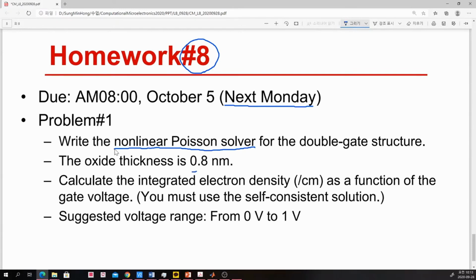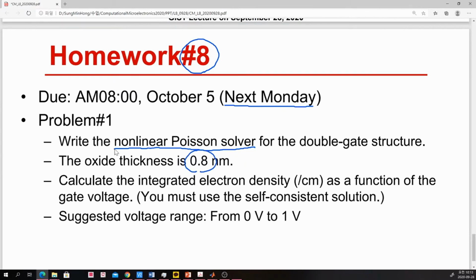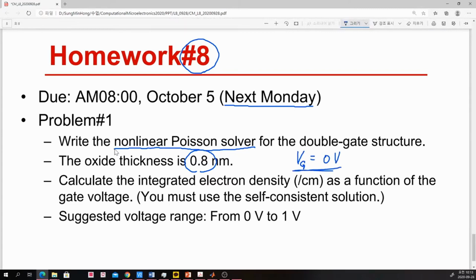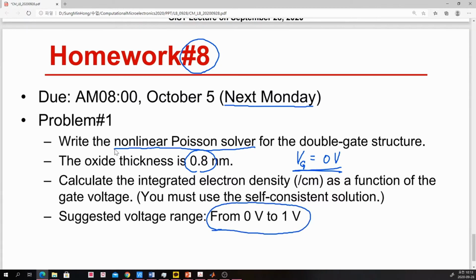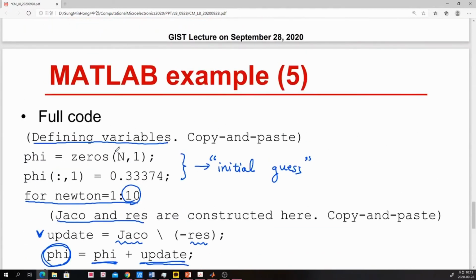The only difference is that now you have to use 0.8 nanometer, and in this lecture note, I have just applied it to Vg equal to 0 volt, but please try to do so for your gate bias from 0 volt to 1 volt. Maybe 1 volt will not be directly accessible from this code. It will diverge. So please do not use this kind of crude initial guess.